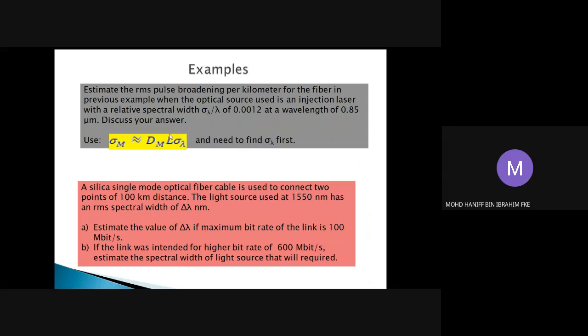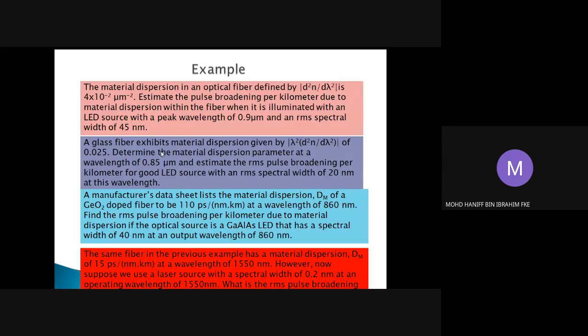So in order for us to find the RMS pulse broadening, this is based on this equation. We know that the DM can be based on any one of these, so let's say we choose this one. And from the example just now, we have obtained the DM, which is about 98.1 picosecond per nanometer per kilometer.